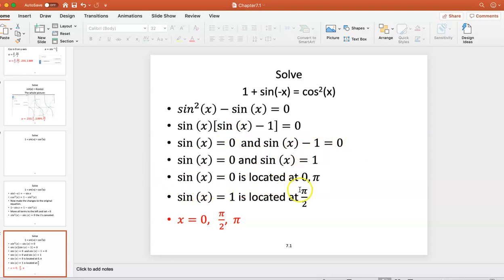Sine is 0. Remember that sine is y over r. Where is y 0? At 0 and pi. Sine is 1, if it's y over r, y has to be 1, r has to be 1. That's pi over 2. So these are your answers: 0, pi over 2, and pi.